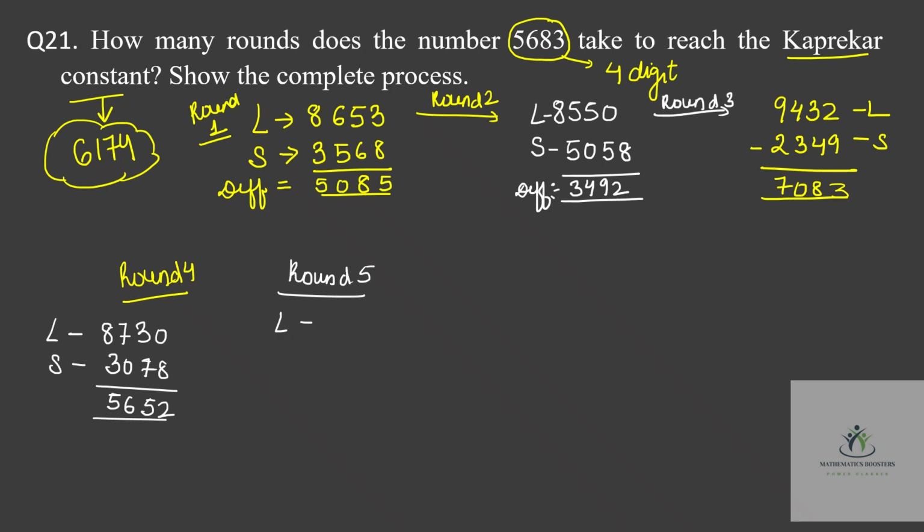Now round 5. The largest number using 5652 is 6552. The smallest is 2556.